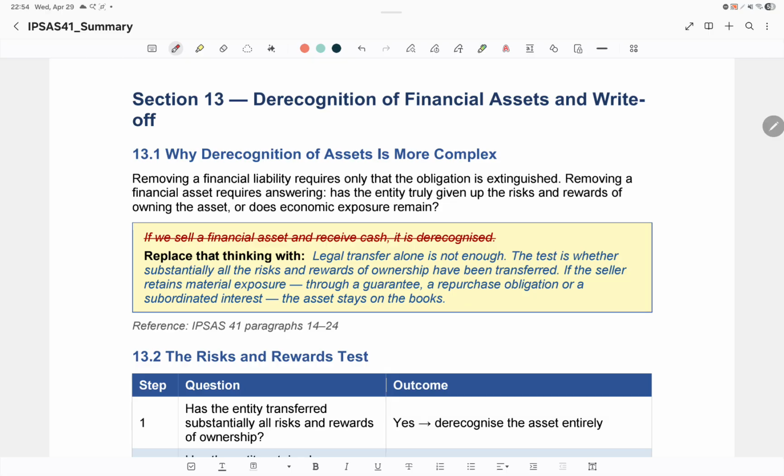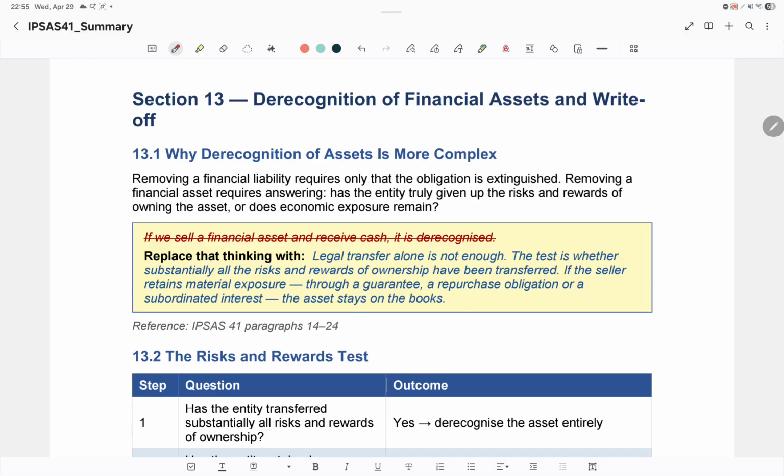Why the derecognition of assets is more complex. Removing a financial liability requires only that the obligation is extinguished. Removing a financial asset requires answering: has the entity given up the risks and rewards of owning the asset, or does economic exposure remain?